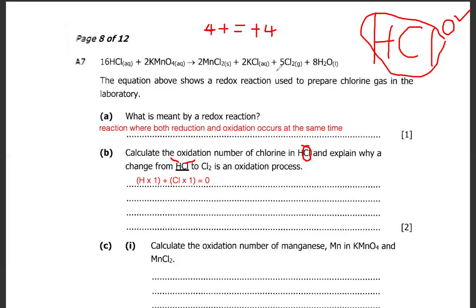Hydrogen has only 1 electron in the outermost shell, and this can easily be lost. When it loses that electron, the charge becomes 1 plus, and the oxidation state will be written as plus 1.